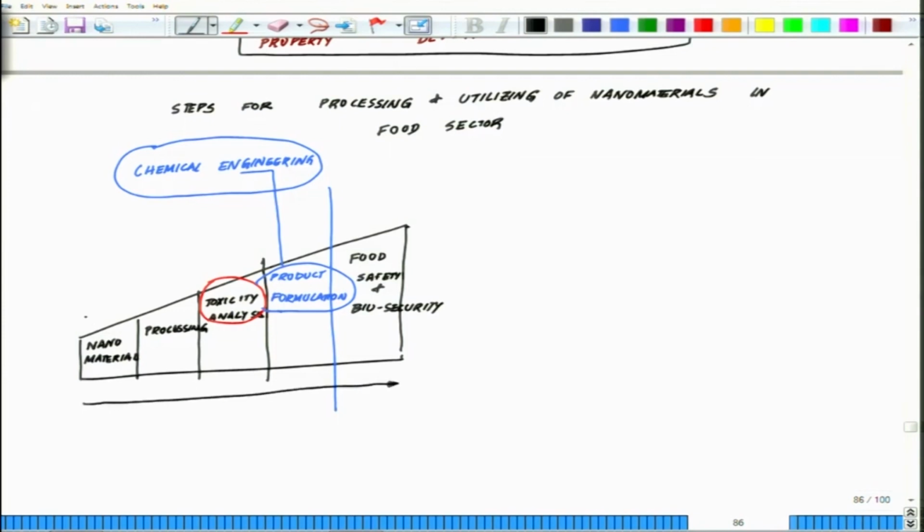Selection of the nanomaterial, how you are processing it, what kind of toxicity analysis is being done, what product formulation you are using, then comes the critical one, food safety and biosecurity. So, I will close in here.